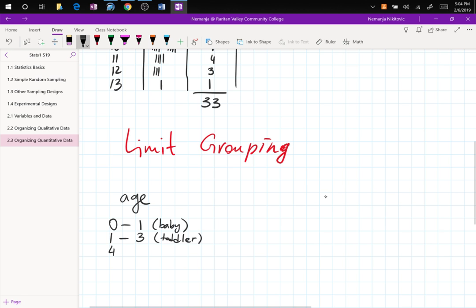Then we have 4 to, what? For a kid, we said 13, right? Let's go to 12. I'll call it kid. Then 13 to 19, teenager.